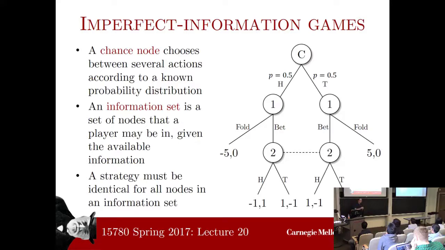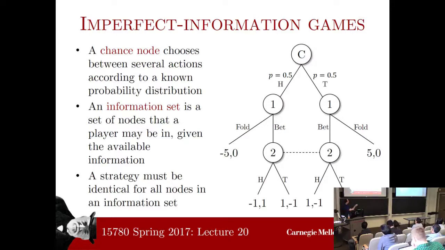Like when we talk about a strategy, it's constrained to use the same action in every node in the information set because the player can't tell them apart. So that's the last point: a strategy must be identical for all nodes in an information set. So let's look at this game and illustrate these concepts. The way this game works is we first have a chance node that flips a coin, an unbiased coin, so we get heads with probability 1/2, tails with probability 1/2.